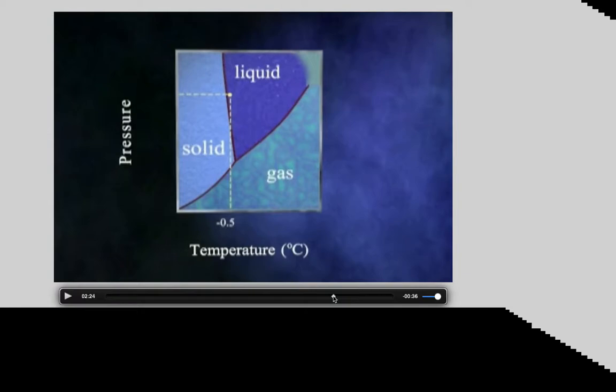Guys, water is the only substance on Earth, except for those other two weird ones, that expands when it freezes. But you understand what that means. Water is the only substance whose solid floats in its liquid. So we're accustomed to having a glass of ice water and the ice floats, right? If you had a cup of any other liquid with its solid in it, the solid would be on the bottom.